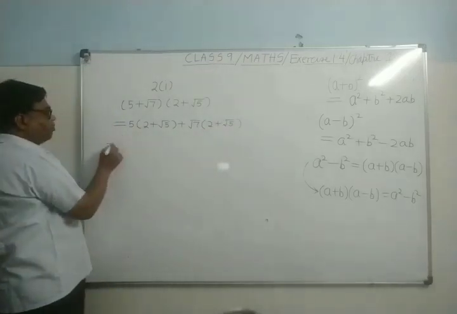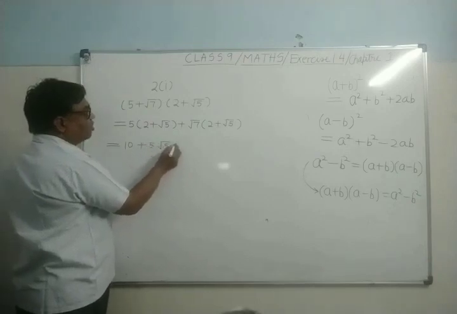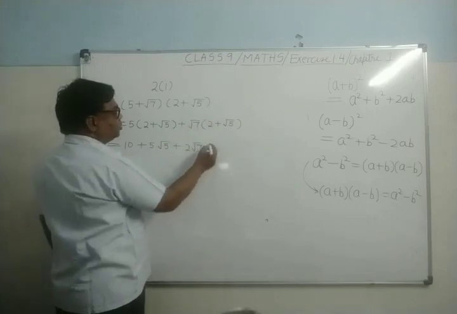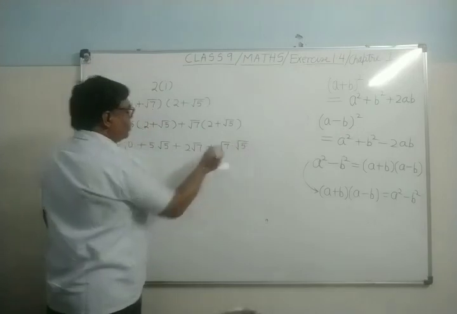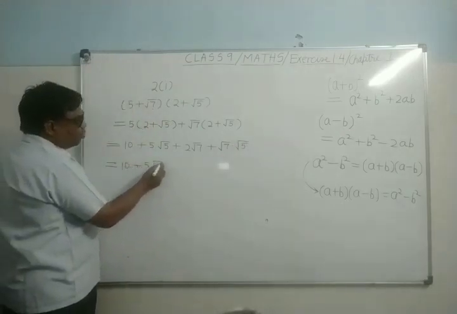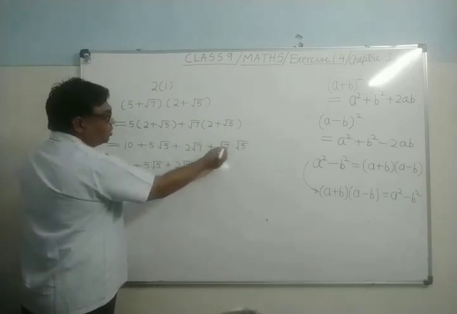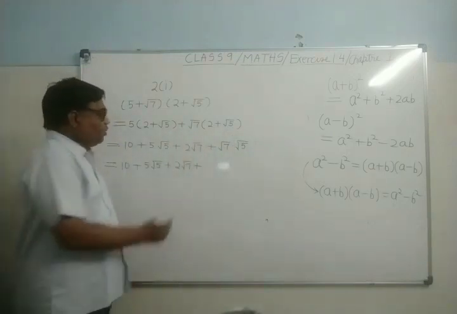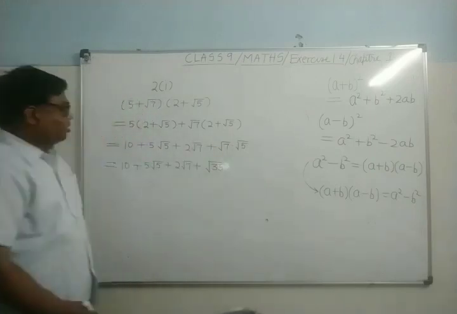So this will be 5 twos 10, plus 5 root 5, plus 2 root 7, root 7 into root 5. So this equals 10 plus 5 root 5 plus 2 root 7, plus, as these are same-order surds, the product is possible, root 35.